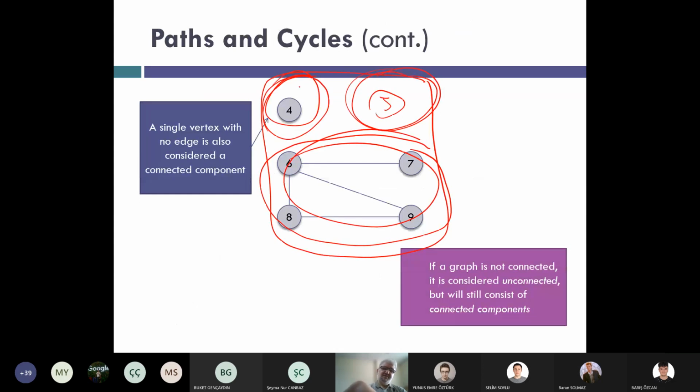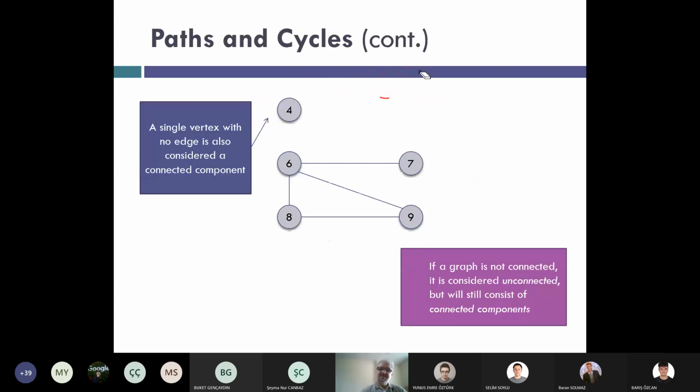So we can define paths, cycles, and a graph can be connected, unconnected, directed, undirected, weighted, not weighted.